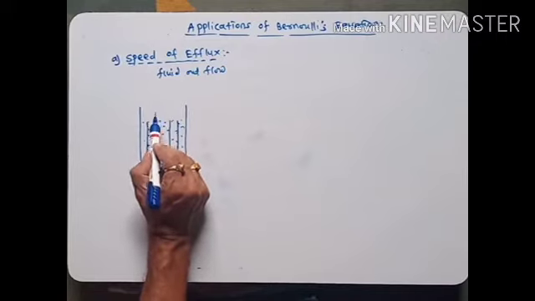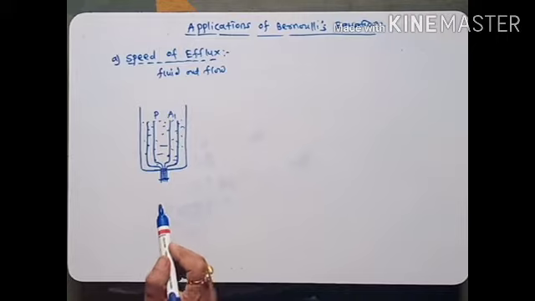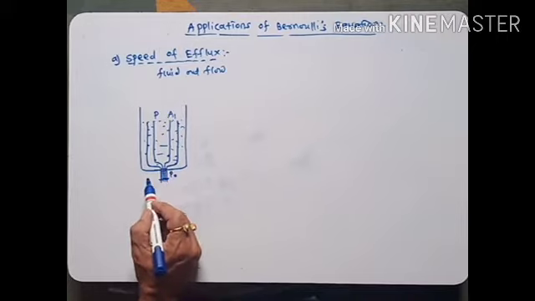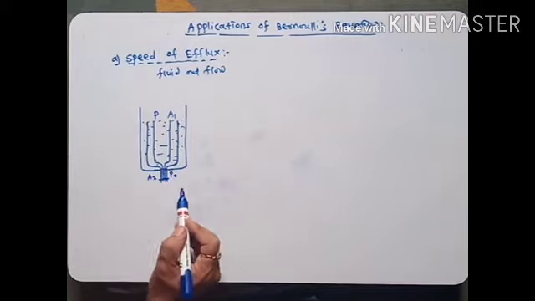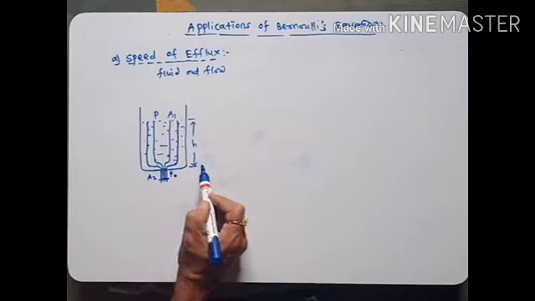Suppose P0 is the pressure here and A1 is the area of cross section. Here P0 is the pressure and A2 is the area of cross section, and H is the height of the liquid column.